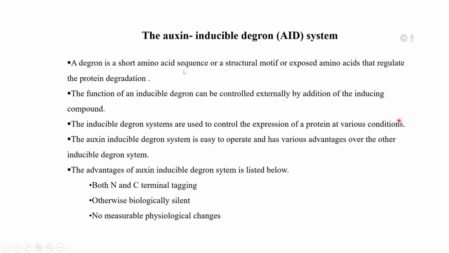One mechanism which is important to understand is the auxin-inducible degron system, which is present in the plant. This mechanism is similar to the ubiquitin-proteasome mechanism which we discussed, at least at the functional level. This mechanism helps in the degradation of a target protein molecule.